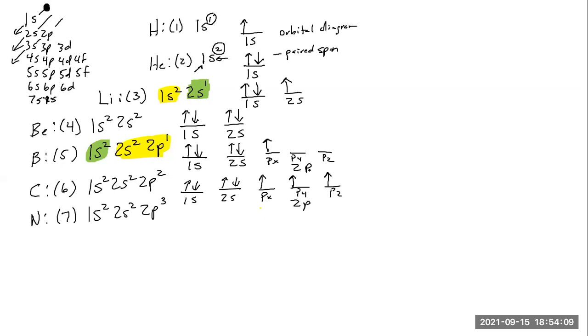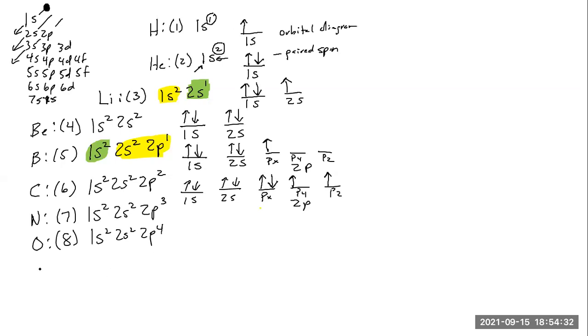And at this point, the next electron would come back and start filling. That happens at number 8, which is oxygen. Again, 1s2, 2s2, 2p4. At this point, the fourth electron would go back to the first one and start pairing it up.